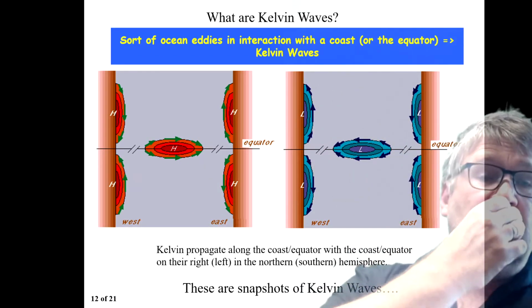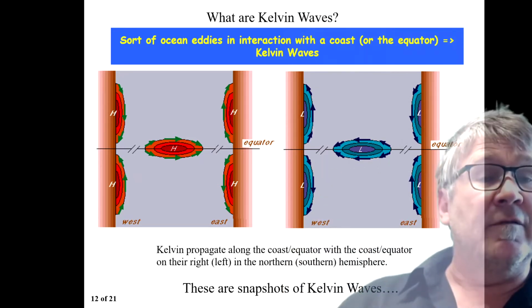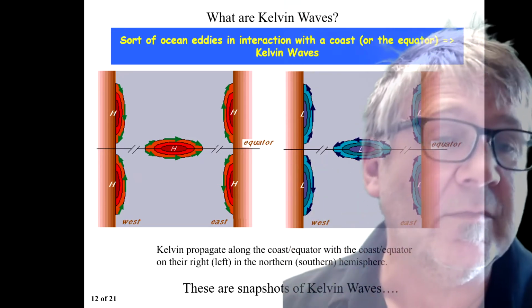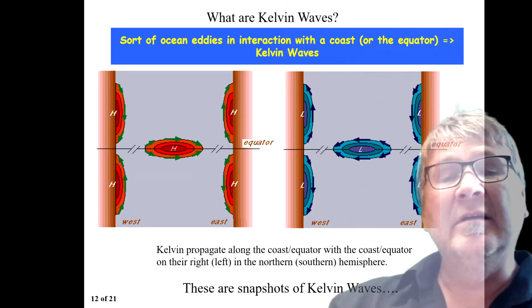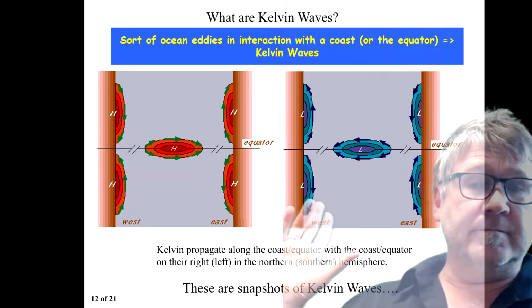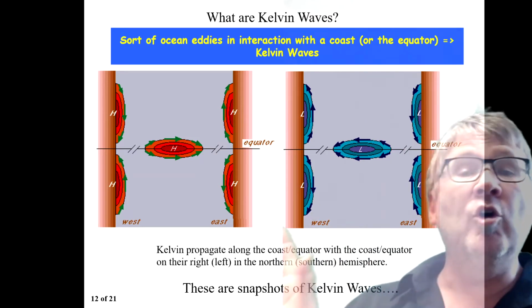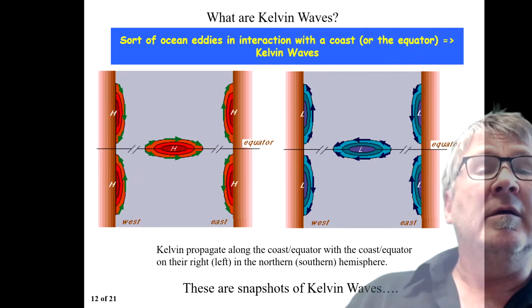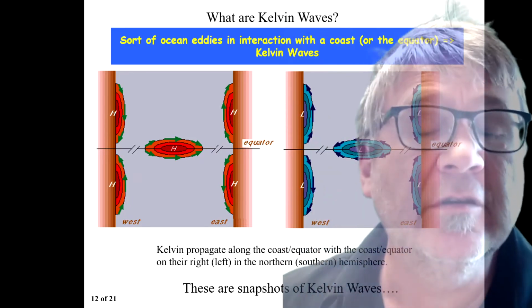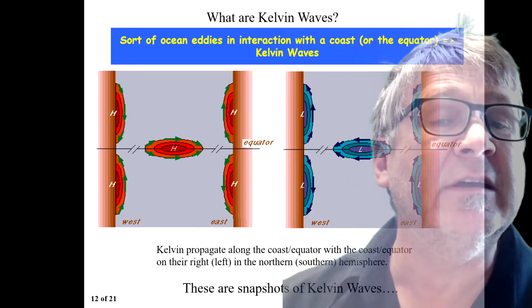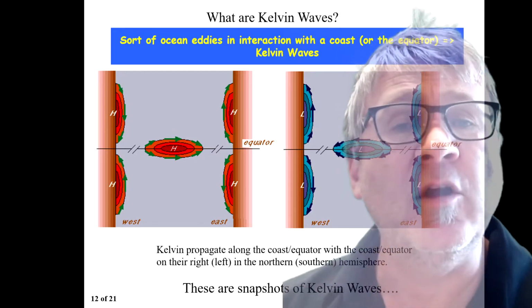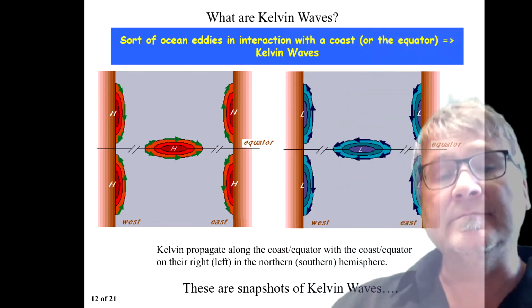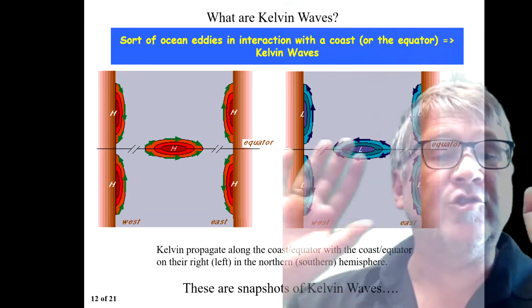Here are examples of snapshot photos of sea level anomalies of either high pressure or low pressure, either along the coast, in the northern hemisphere, in the southern hemisphere, or along the equator. The left image is a top view.